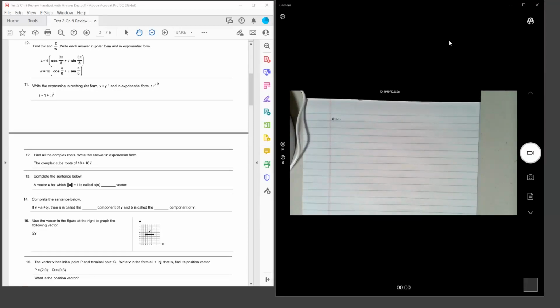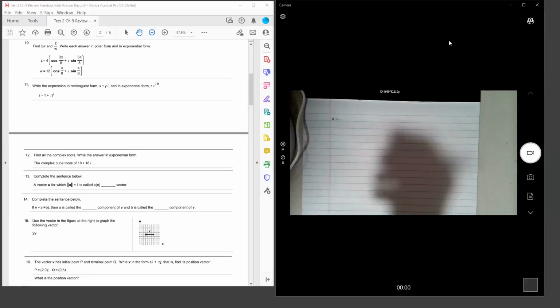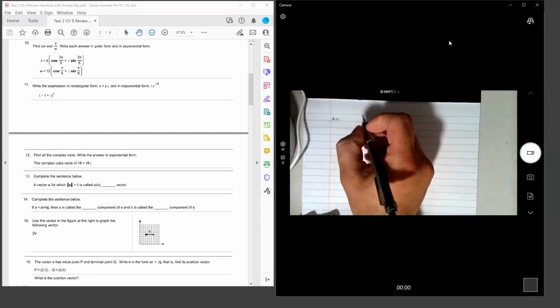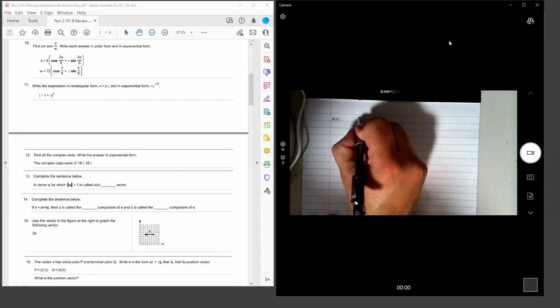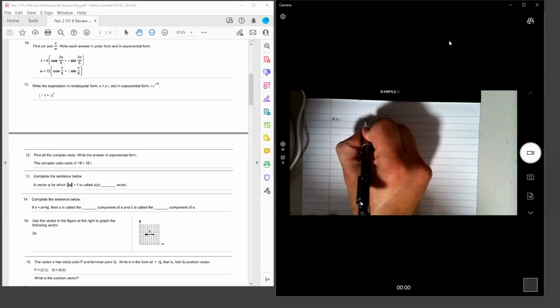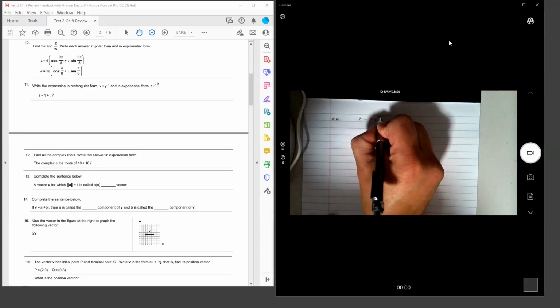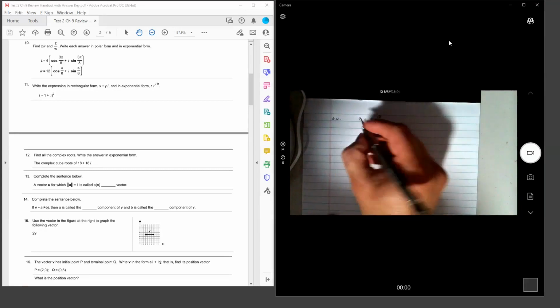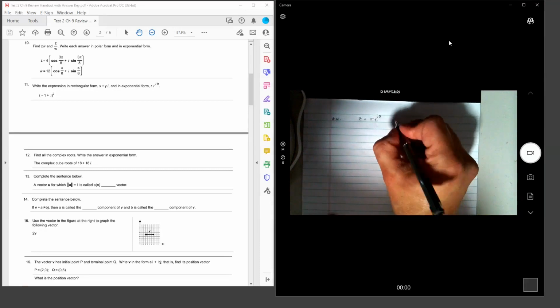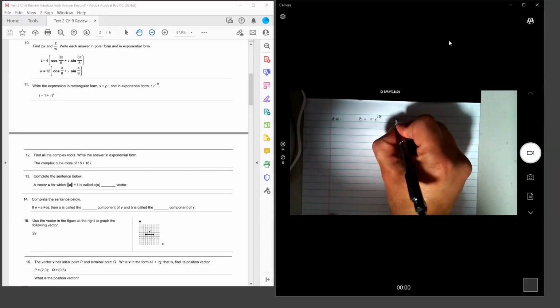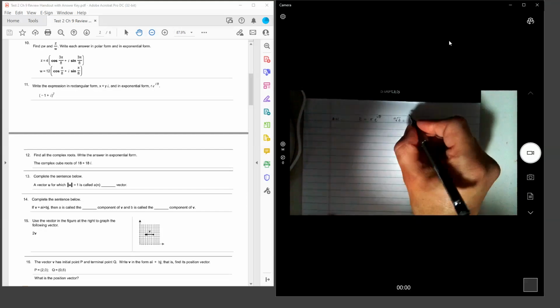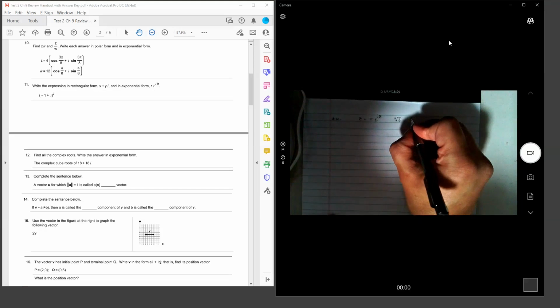All right, so number 12, they want us to find the complex roots of a complex number. Okay, so let's begin with the formula. So here we have a complex number in exponential form. Okay, so to find the complex roots, the nth root of the complex number is given by the following formula.